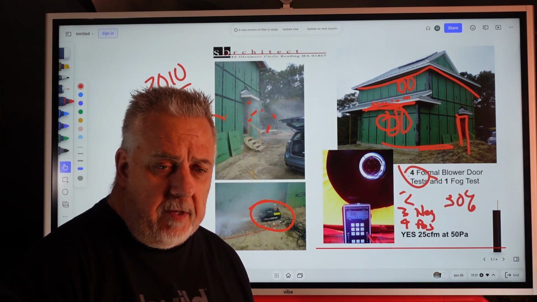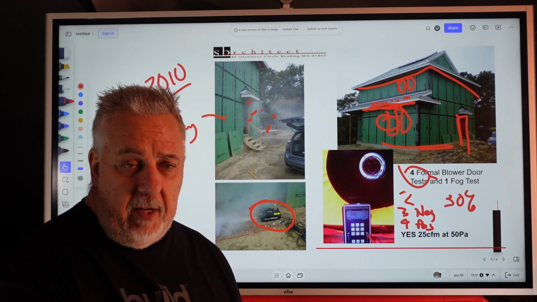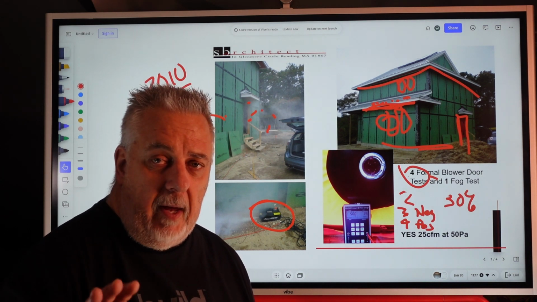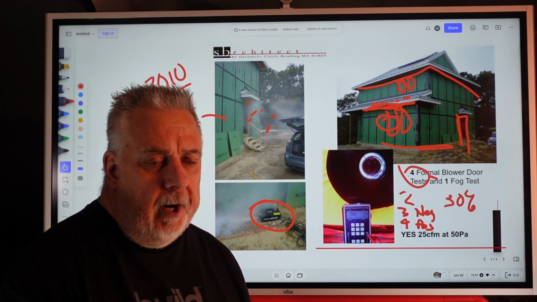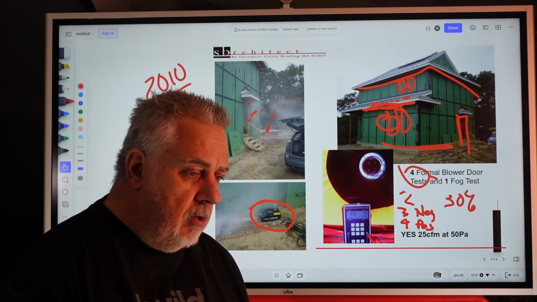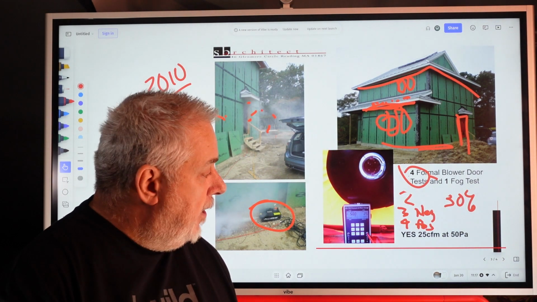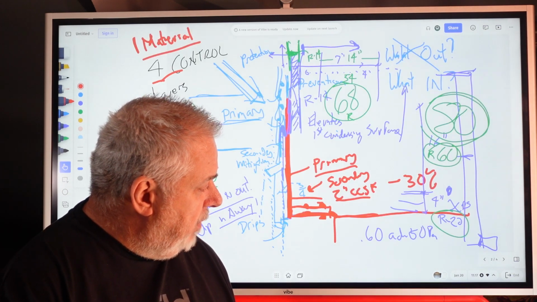One of the problems with spray foam is that there are so many variables between success and failure that you really have to pay close attention and hire a very good insulator that knows what they're doing, but also has really good installers.